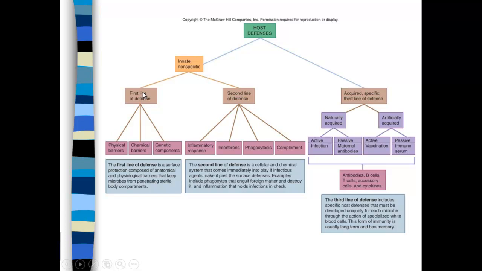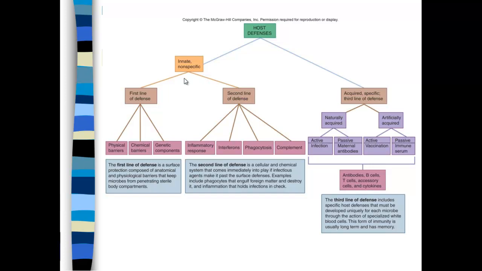The first line of defense specifically incorporates physical barriers, chemical barriers, and genetic components. It has nothing to do with immune cells, and it basically is the anatomical protection of the body against foreign invasion. The second line of defense is a cellular response involving immune cells.